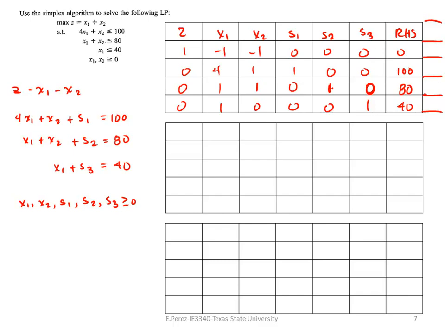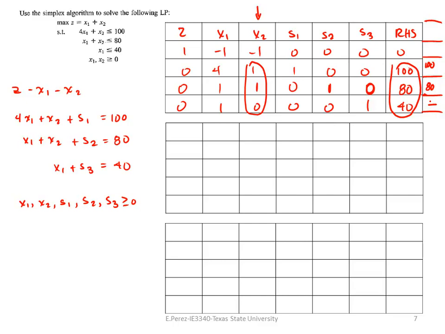Okay, so which will be the first variable to enter the basic solution? Either one, correct. It's up to you. Both of them have the same value. So I'll start with x2. So x2 is going to enter the basic solution. I'm going to perform that ratio here. So this is 100, this is 80, and this is not existing.